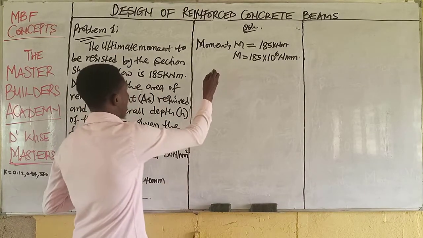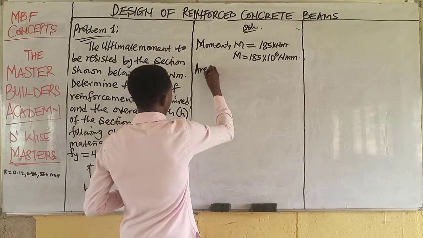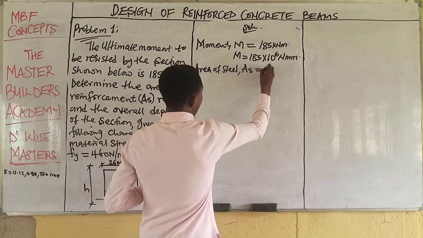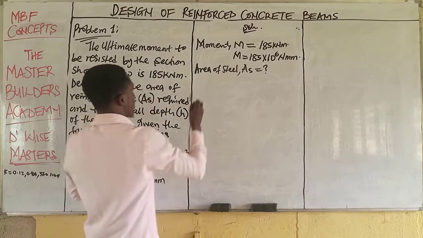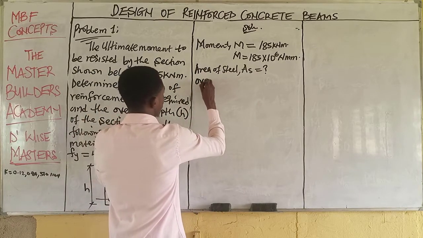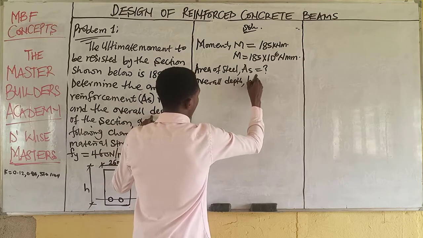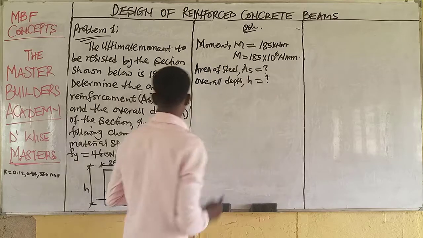Now, the next parameter that we have here is area of steel, As, and this is unknown. Then we have overall depth, H, and this is equally unknown.